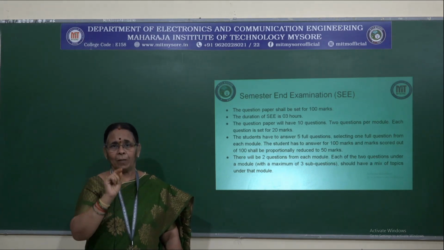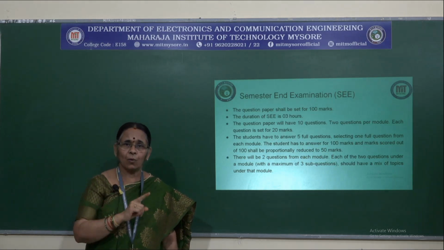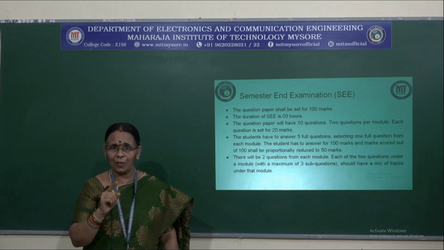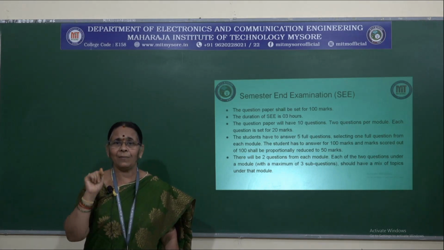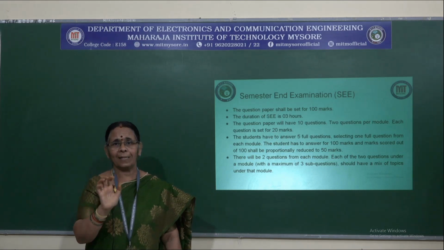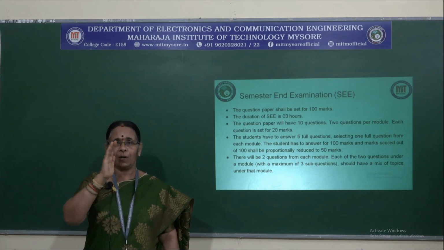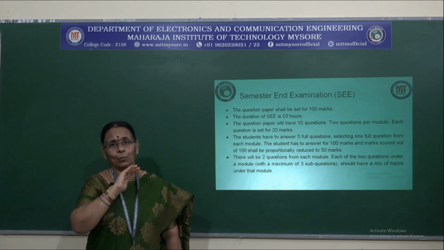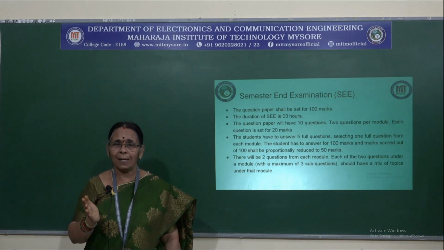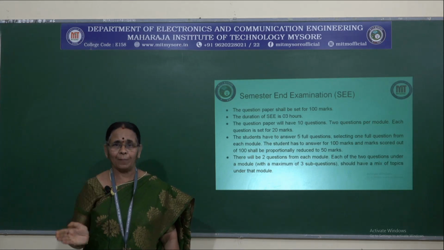So remember, think that you have scored 20 in continuous internal evaluation and 18 in the final examination. Together it is going to become 38. If it is 38, you are failed. Actually, to clear a paper, the addition of CIE and SEE should be 40%.